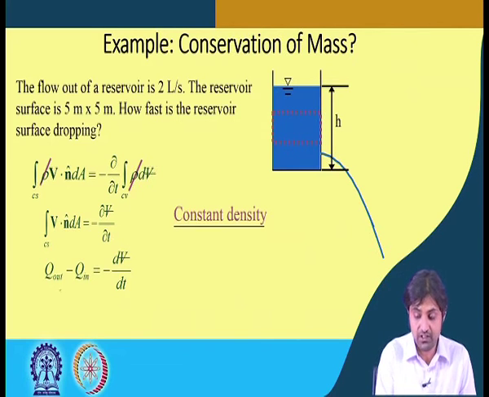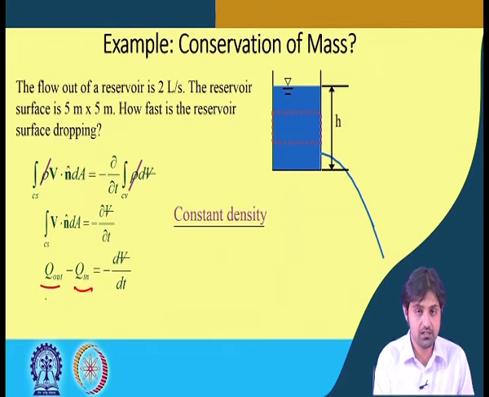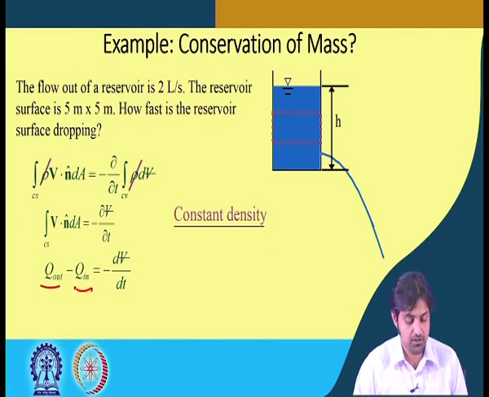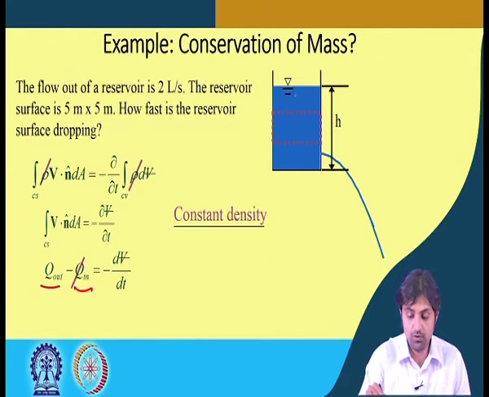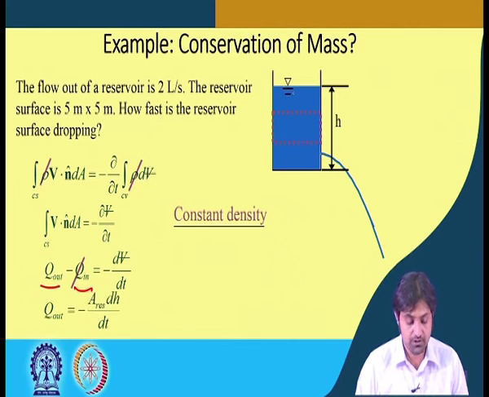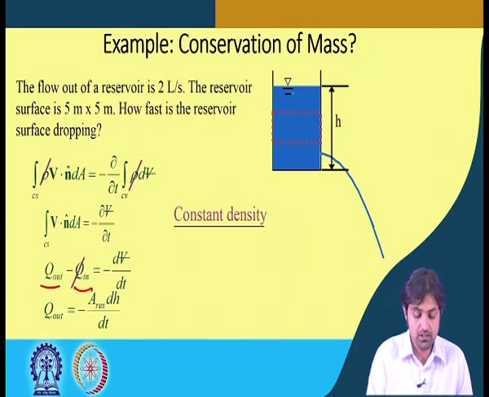So, or we can say Q out minus Q in, that is the flux leaving minus the flux coming in, is equal to minus dV/dt, right. There is nothing entering, so Q in is 0. So Q out will be simply minus area of reservoir times dH/dt.